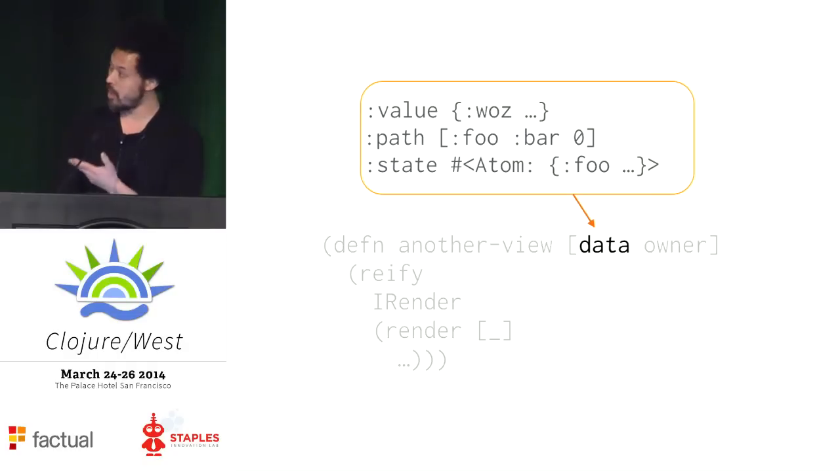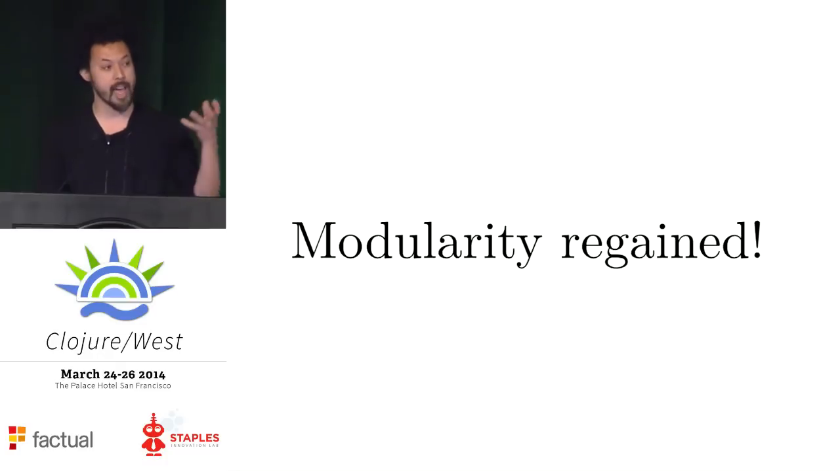And then another view will get just the part of the app state that it needs to know about. So by tracking the path, components never actually know where their data comes from, right? They don't need to know where the data exists inside the global application state. And this allows us to have global app state, yet have modular components at the same time.